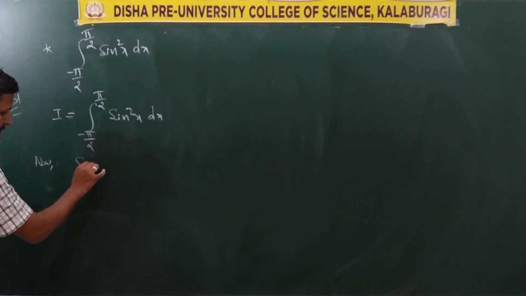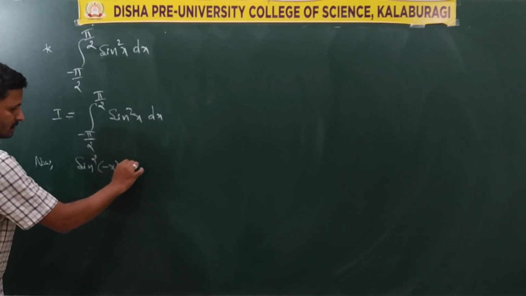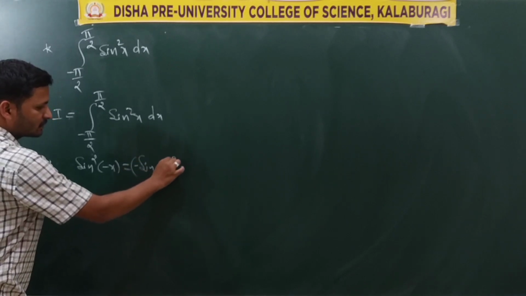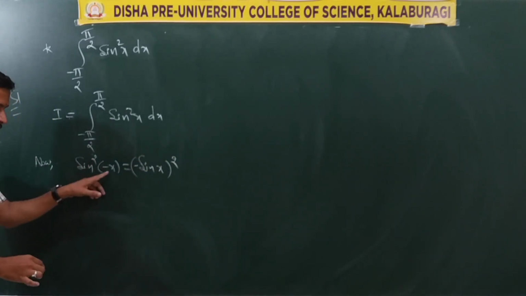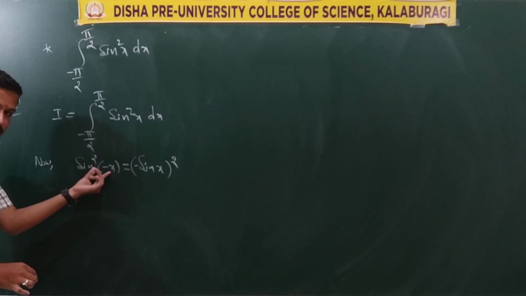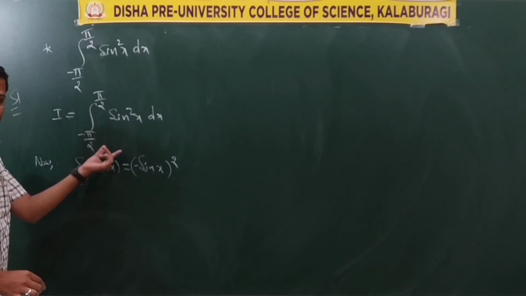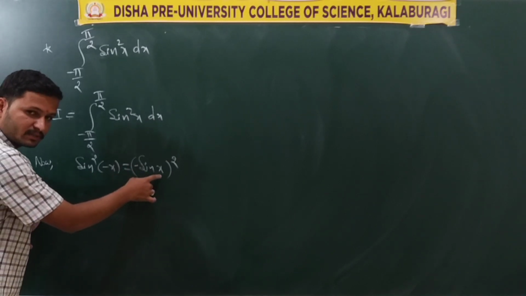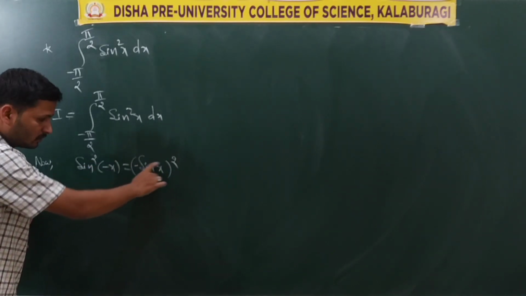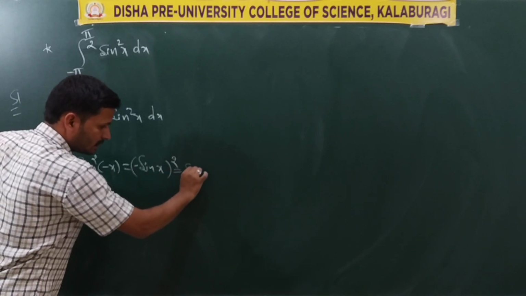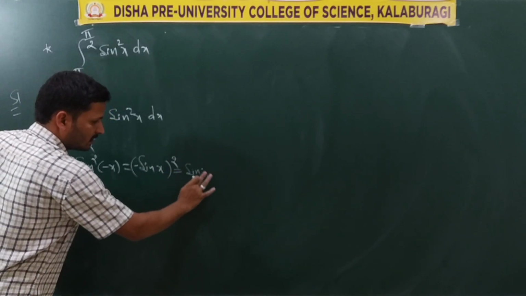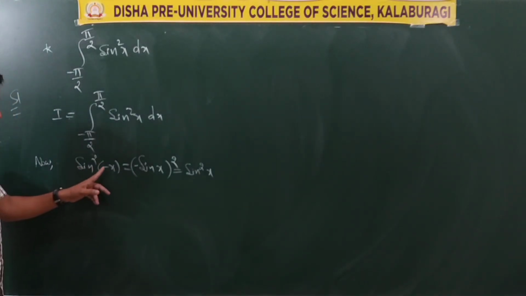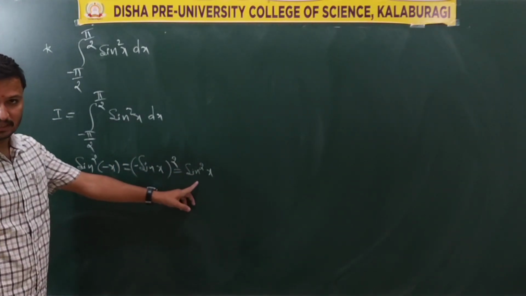So sin square of minus x is sin of minus x whole square. Sin of minus theta is minus sin x, squared, so minus sin x whole square is sin square x. So therefore f of minus x is equals to f of x.